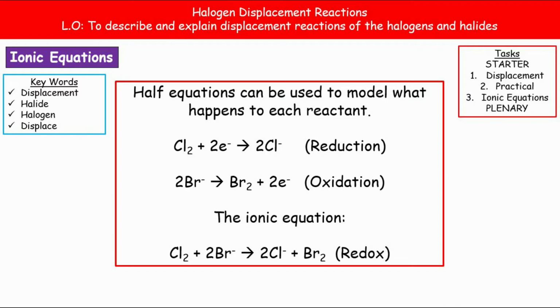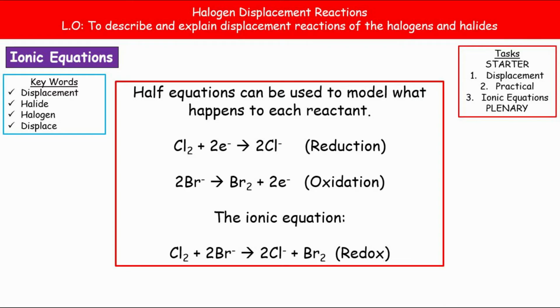Because we've got two chlorine atoms, we need to add two electrons, hence the plus 2e minus, because e minus is the symbol for an electron, and that will then form two chloride ions, Cl minus. And if we go back to what we did previously on oil rig, oxidation is the loss of electrons, reduction is the gain of electrons. Because our chlorine atoms are gaining electrons, it is a reduction reaction.